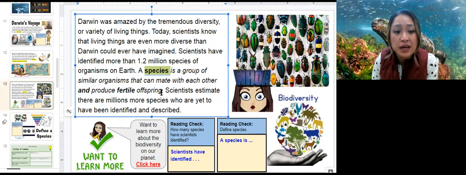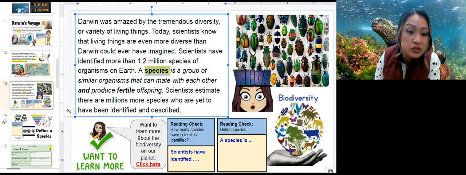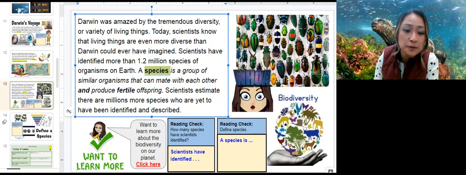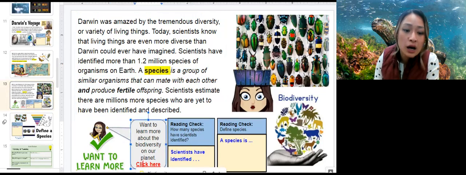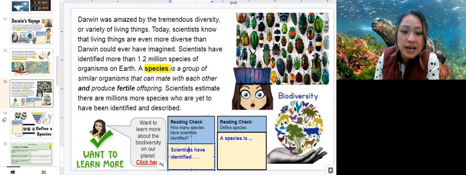Scientists estimate that there are millions more species yet to be identified and described. If you want to learn more about biodiversity on our planet, click here. It'll take you to a link by National Geographic about biodiversity. For your reading check, it's asking how many species have scientists identified, and define species.